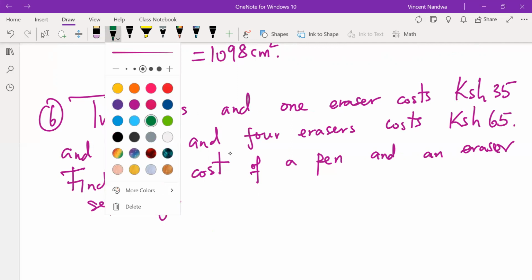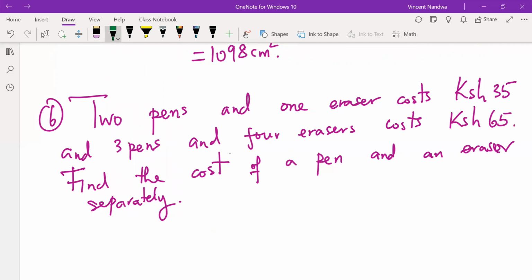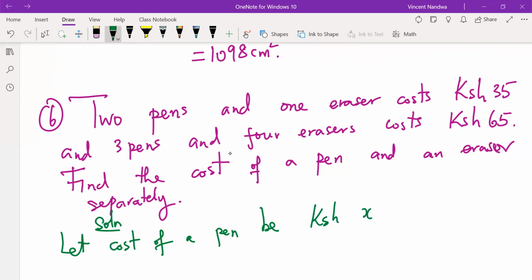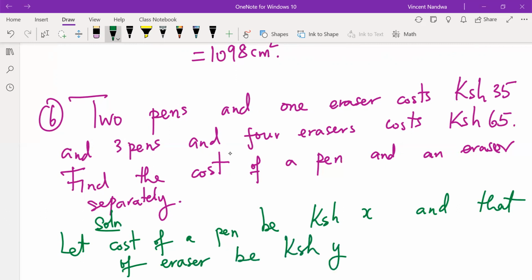This is another nice problem. So key things, we have pen and eraser. So we can say let cost of a pen be X Kenya shillings, and that of eraser be Y Kenya shillings.